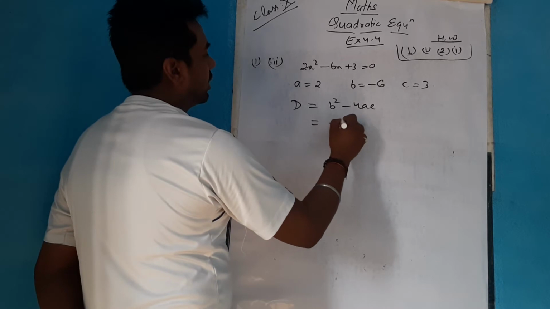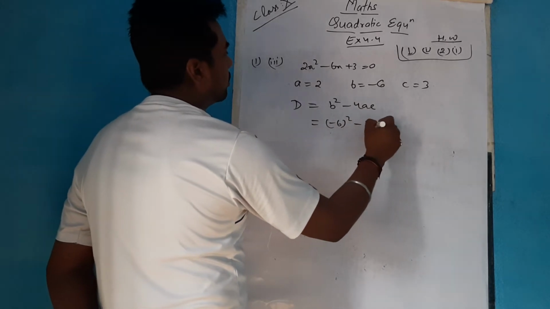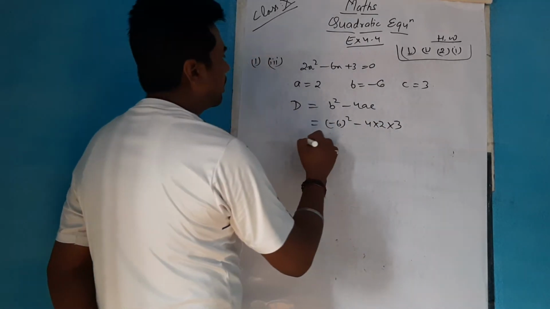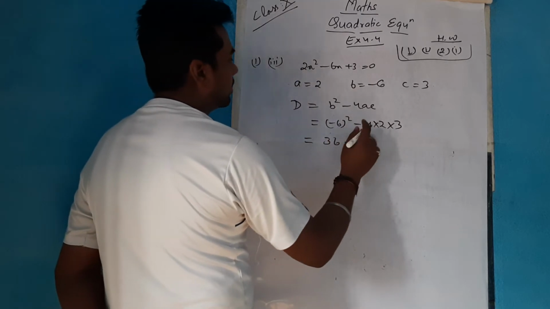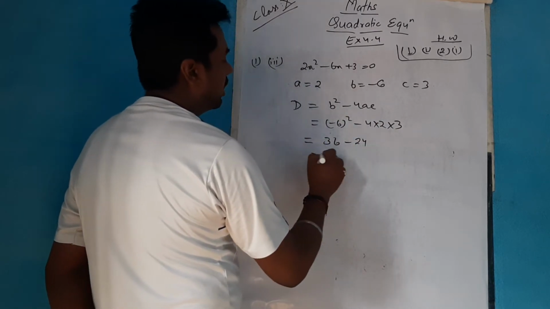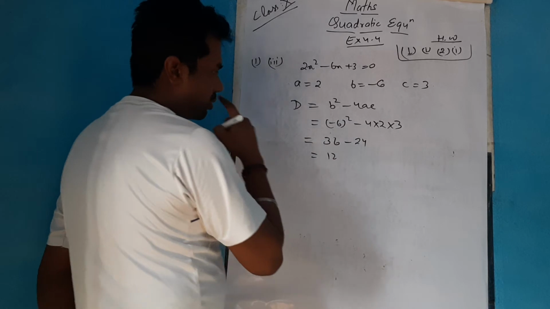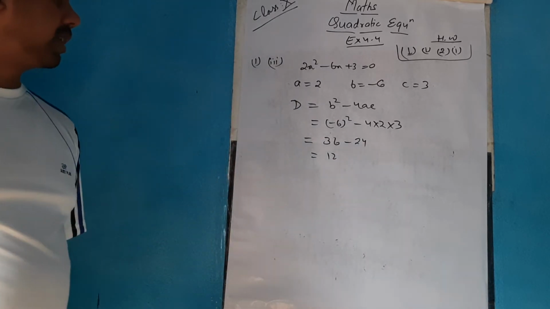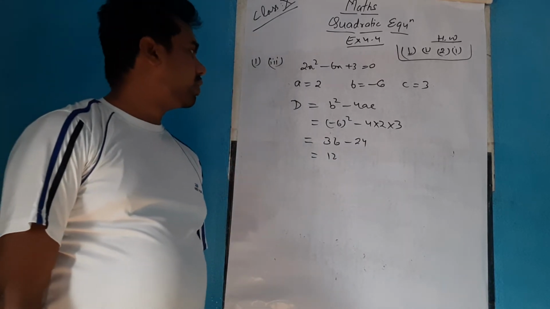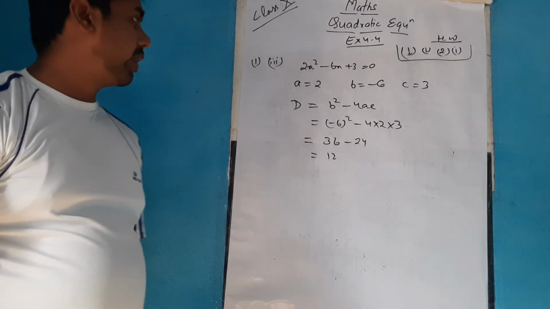So b is minus 6 square minus 4 into 2 into 3. That becomes 36 minus 24, which is 12. So the value of d is coming out as 12.